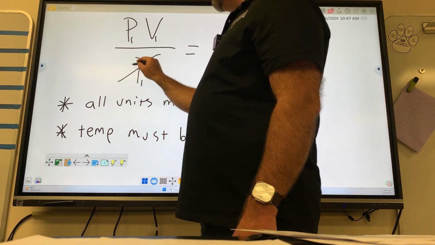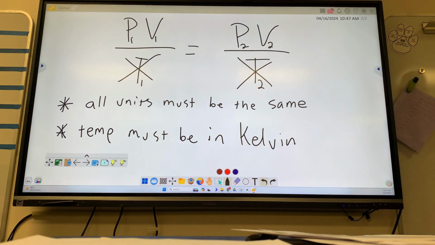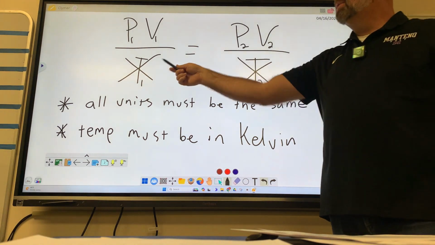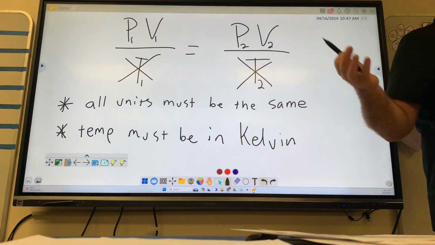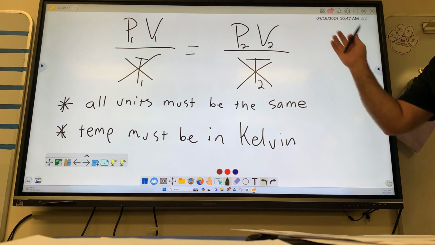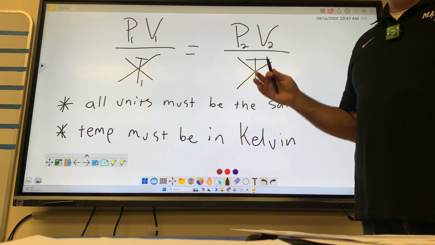For Boyle's law, temperature remains constant. So in the initial measurement and the final measurement, we assume the same temperature. So just like you would in algebra, if these are the same number, do they matter? No, we can eliminate them, right? If you take two sides of an equation and divide by the same number, you still have the same number.